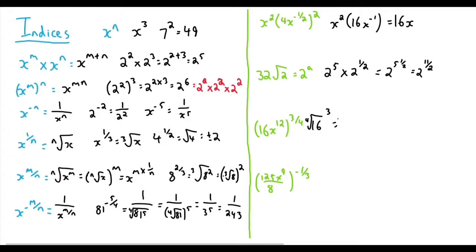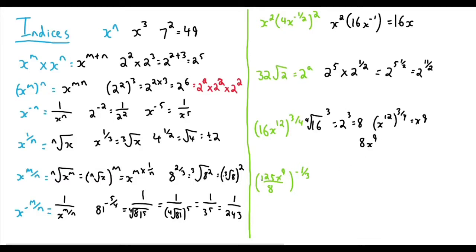So the fourth root of 16 is going to be 2, so we end up with 2 cubed, which is going to be 8. Meanwhile here, if we just have a letter and power bracket power, we're just going to times them together. So 12 times 3/4 is going to give us 9. I'll just write that out here in full. That's 12 times 3/4, x to 9. So in total we have 8x to the power of 9.